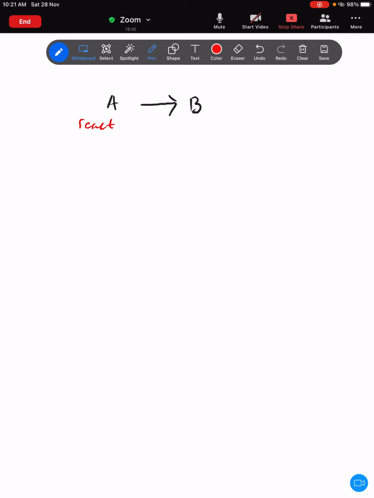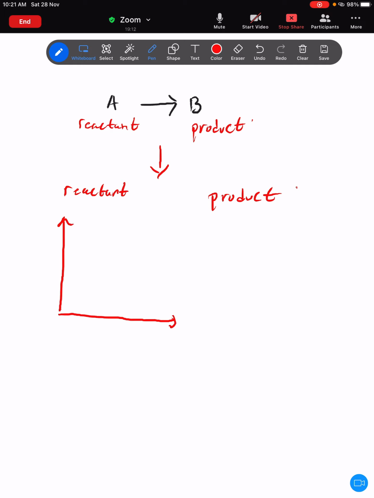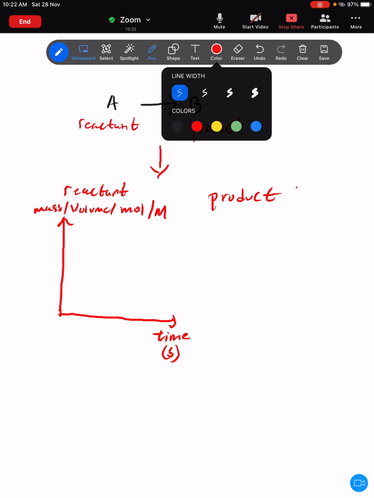On this side, remember, the y-axis might be, I'm saying might be, mass, or in fact it could be volume, or sometimes when you go to a higher level, you will learn more examples like mole and molarity. And on the x-axis, my dear students, it will be time. Normally, we measure in seconds.